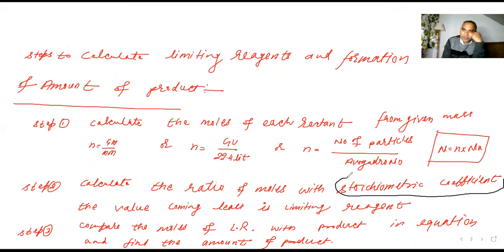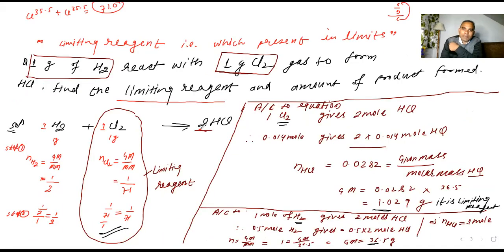It is the coefficient present here. This is 2, here is 1, here is 1. Thank you very much for asking, because if you ask, it's very easy to understand. If you don't ask, it's difficult for teachers also to know where you are facing problems.